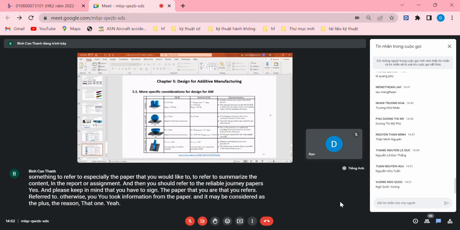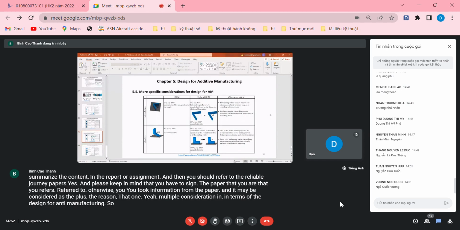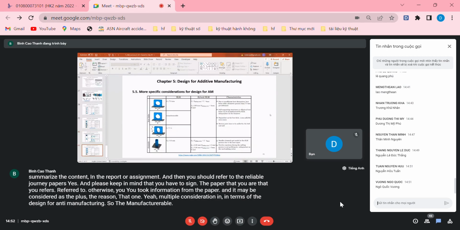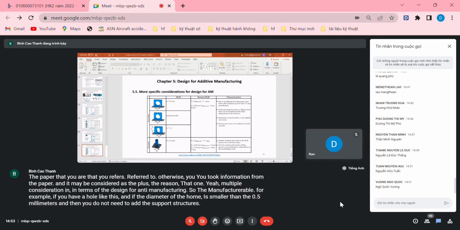Yeah. Multiple considerations in terms of design for additive manufacturing. So, manufacturable. For example, if you have a hole like this, and the diameter of the hole is smaller than 0.5 millimeters, then you do not need to add support structures.